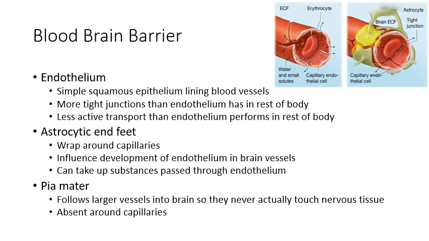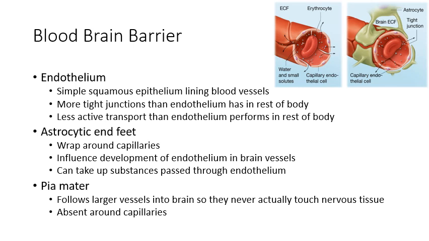So the capillaries are going to be coated with those end feet of the astrocytes. Through their end feet, the astrocytes are able to influence the endothelium surrounding those capillaries, which is one reason why the endothelial cells have so many tight junctions between them. The astrocytes have influenced them to make all those tight junctions.